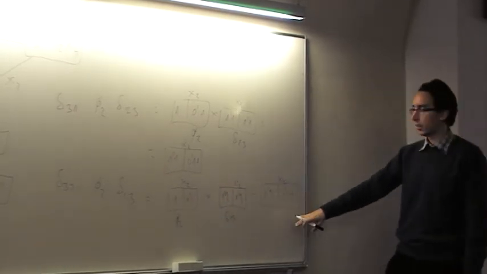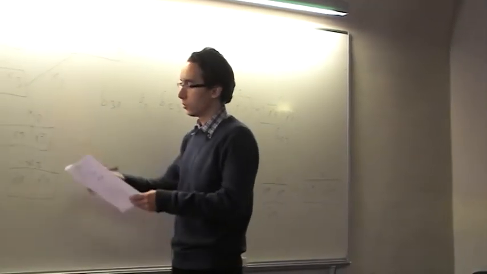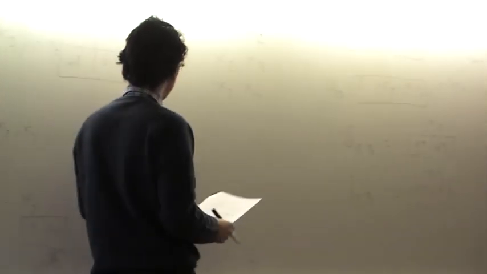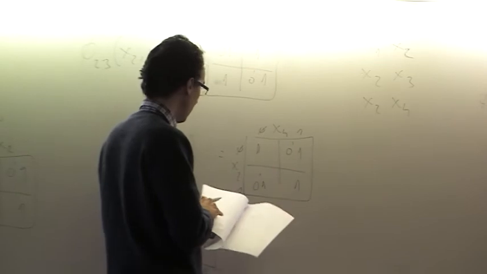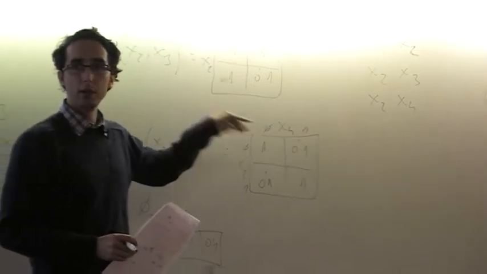I multiply the two and I get the message that is sent from node 3 to node 2. So now I have, for all the nodes, all the incoming messages, and I can compute the beliefs.